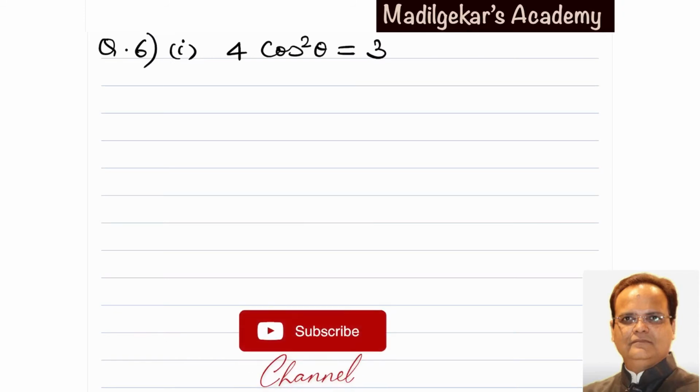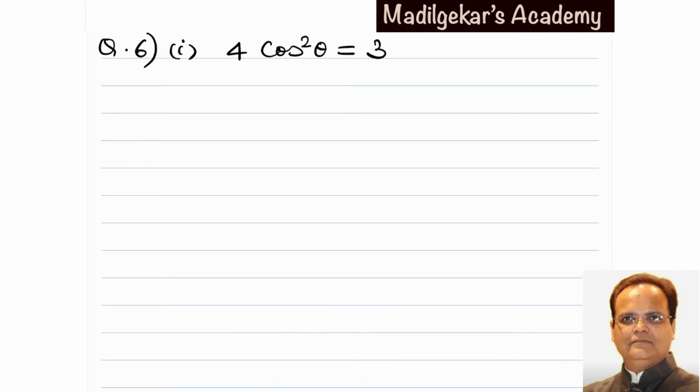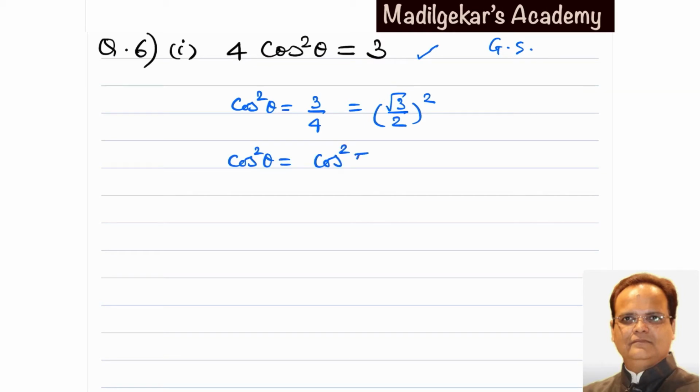Question number 6. First bit. It is given that 4 cos square theta equals 3. We have to find its general solution. We can write the given equation as cos square theta equals 3 by 4, which is the square of root 3 by 2. Root 3 by 2 is for cos pi by 6, so it is cos square pi by 6.